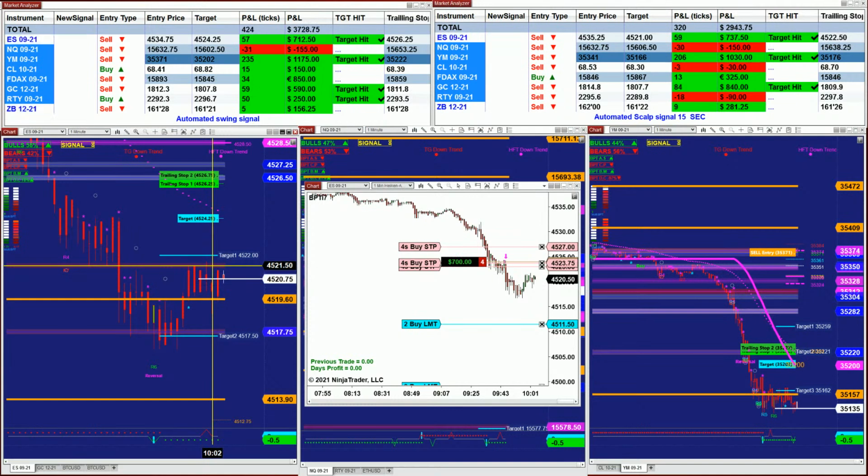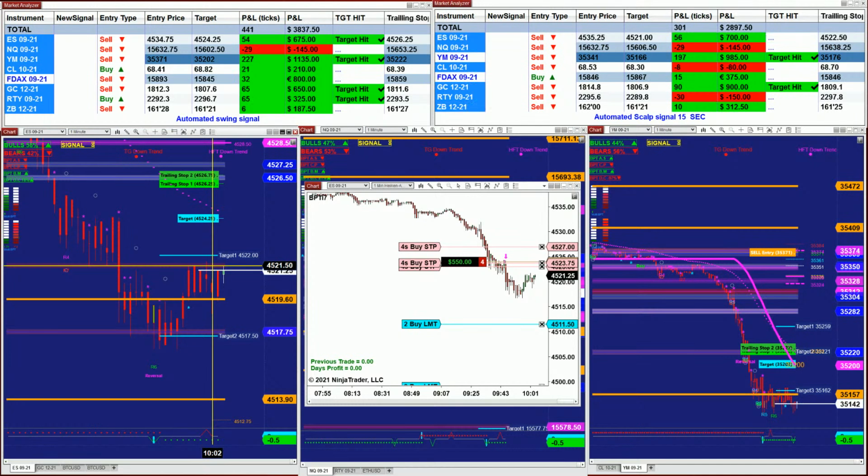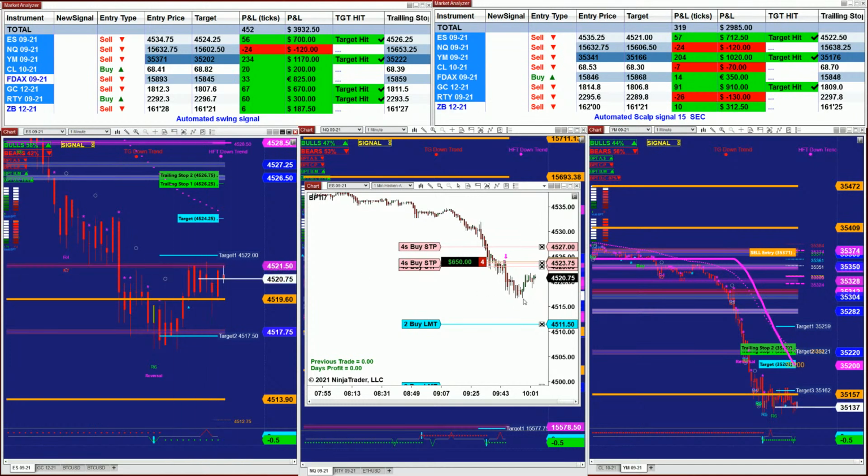Right now, you switch to scalping mode, because on the 1 minute you had over $1,200 on that auto trade, and now almost half of it has disappeared.